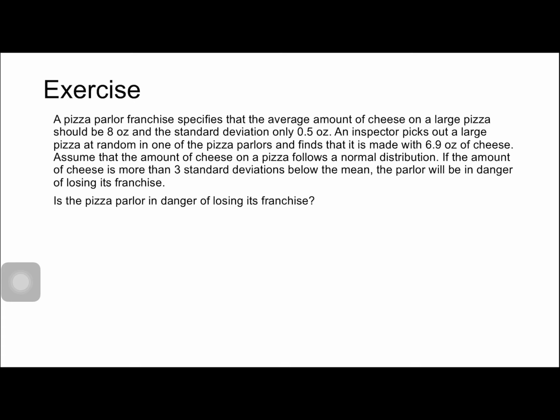So let us compute for our z-score. We are given the mean of 8, our standard deviation of 0.5, our raw score of 6.9. Okay, so what is our z? z is equal to x minus mu over sigma.